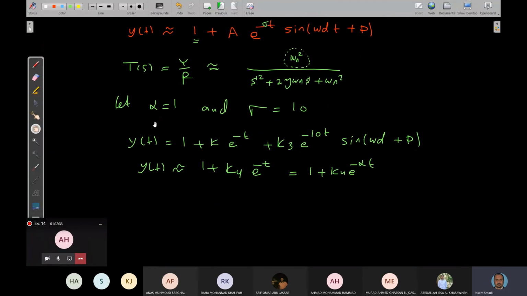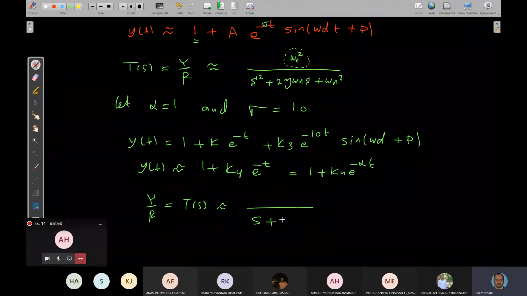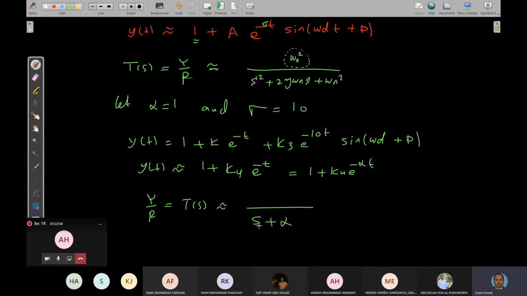So if this is the case, then y over r, which equals T of s, can be approximated to be a certain gain k. Here I already know it will be s plus alpha. And here what should I put?